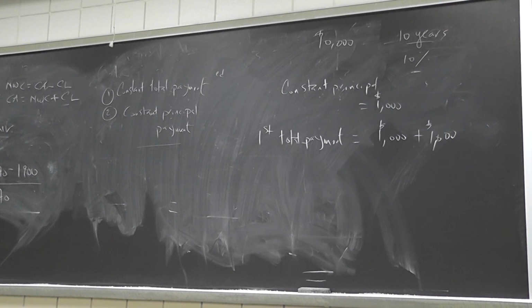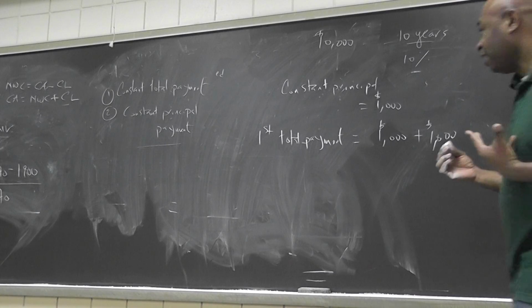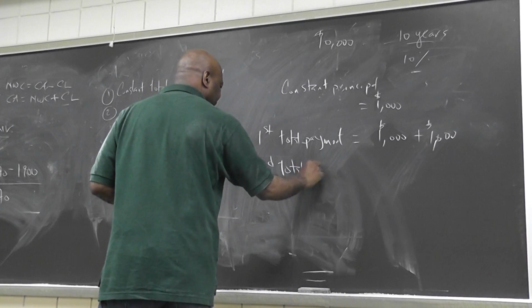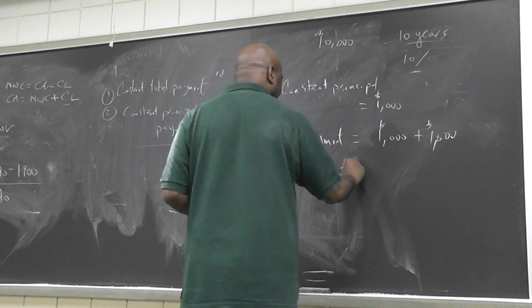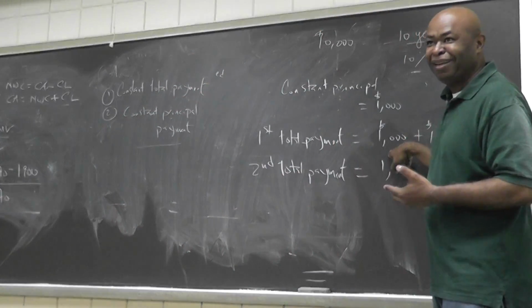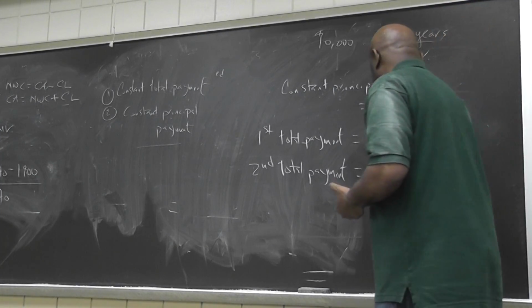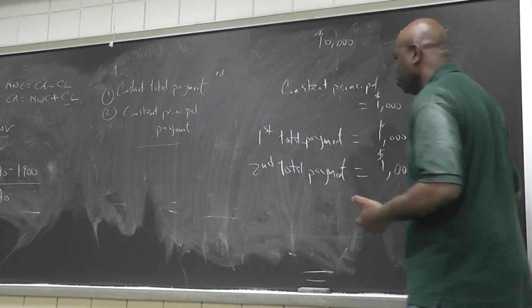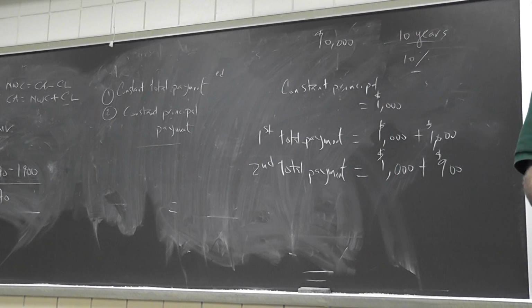So my second payment will again be 1,000 because of my constant principal payment, but this time plus what? 900. Why? Because now your interest is based on the 9,000, right? And so on and so on, until you get to the 10th year. That's how I would do my constant principal payment, right?